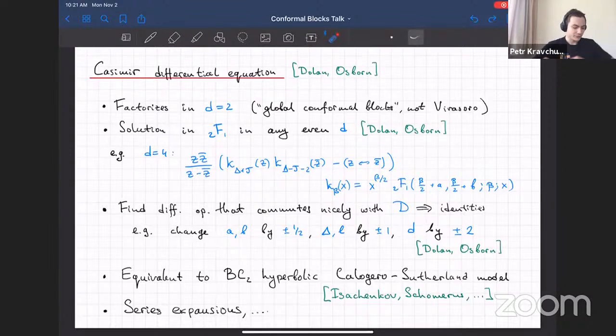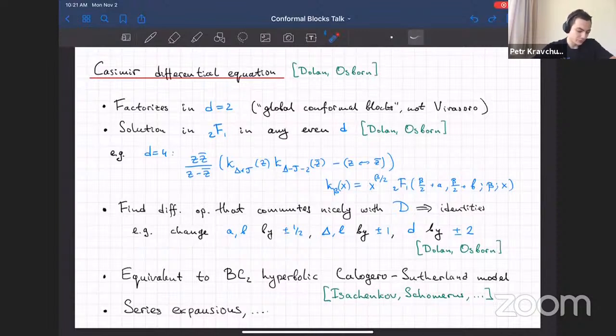And there's a lot of mathematical theory about this equation, about its solutions, and they explain how all this translates into the scalar conformal blocks. For example, they can rederive these formulas by Dole-Nosbury in this kind of high-level language, and so on.